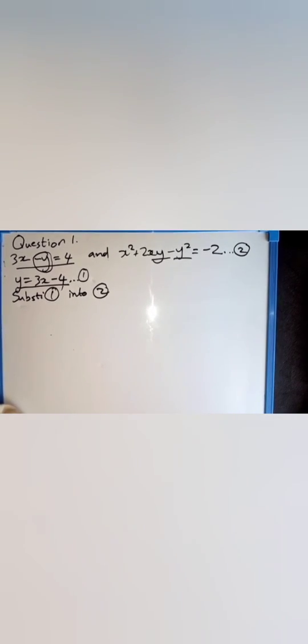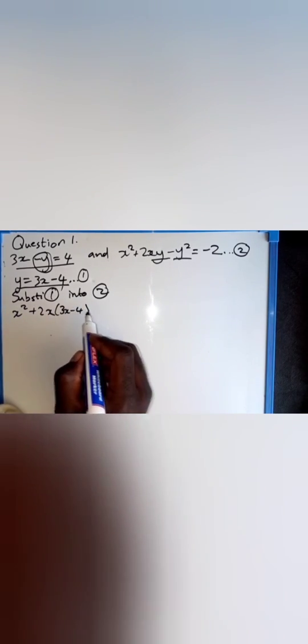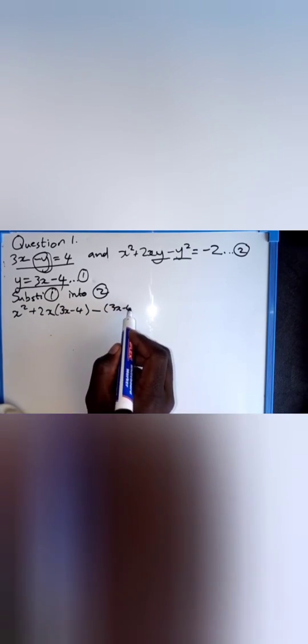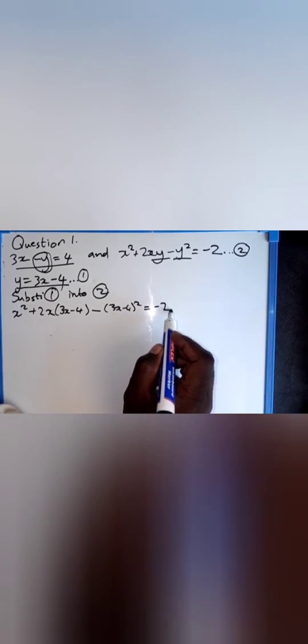So I have x squared plus 2x, y is what? 3x minus 4, minus (3x minus 4) squared is equal to minus 2.